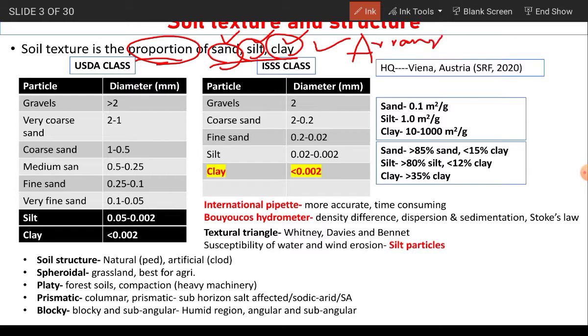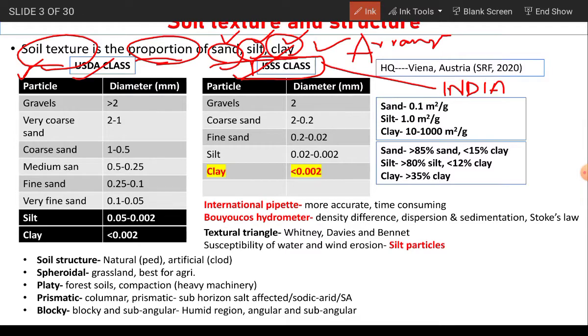Okay, so there are two classifications of soil texture. One is the USDA classification, United States Department of Agriculture, and the second is the International Society of Soil Science, which India adopts. India adopted the ISSS classification.